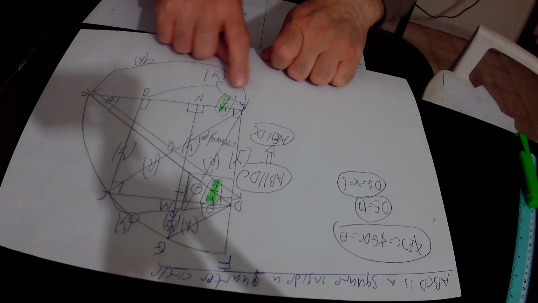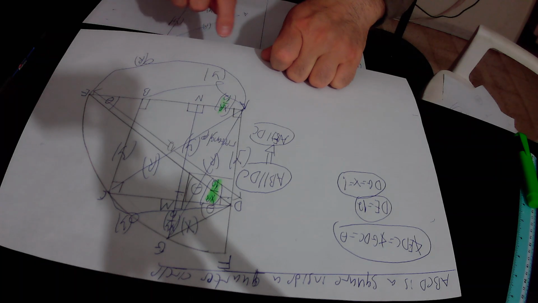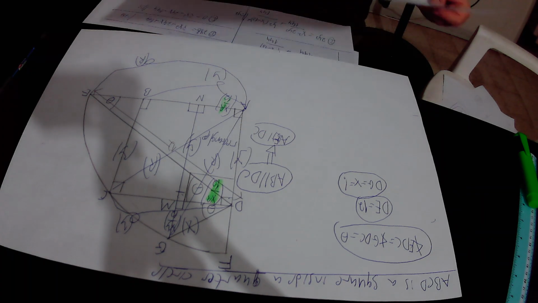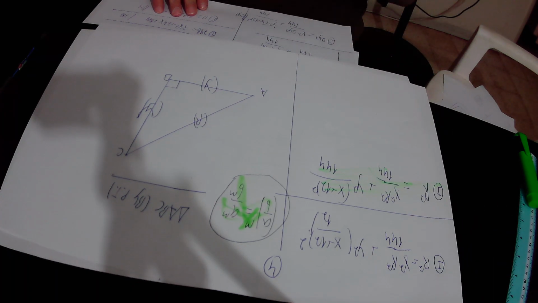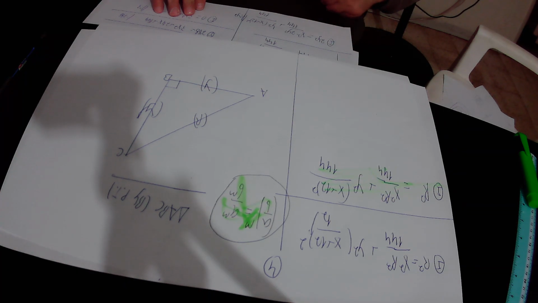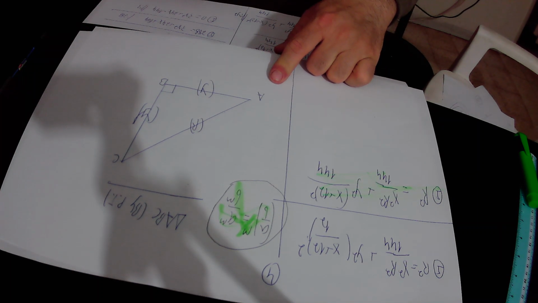So by joining points A and C together by a straight line, we created the right triangle, triangle ABC. I copied this right triangle onto the page and implemented the Pythagoras theorem in it. This is the right triangle ABC that I copied from the original drawing. We just found out that the hypotenuse AC equals R, the radius of the quarter circle.